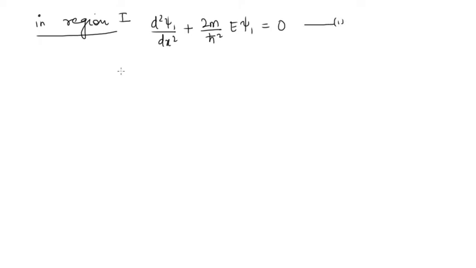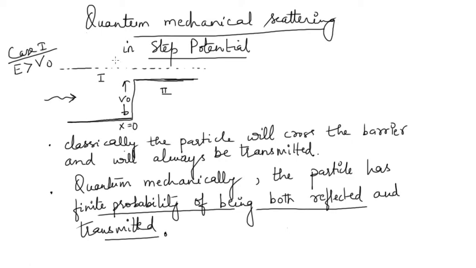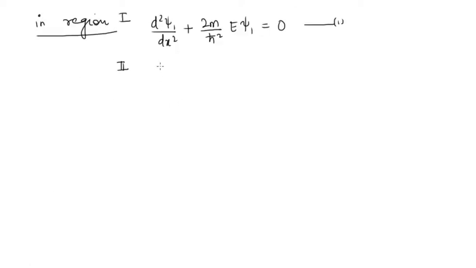Okay, the potential is 0. In region 2, here the potential is V naught. So my Schrodinger equation will become d2 psi 2 by dx square plus 2m upon h cross square (E minus V naught) psi 2 is equal to 0. And energy E is greater than V naught.